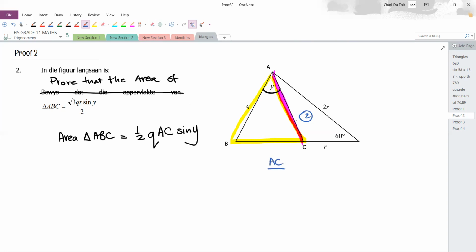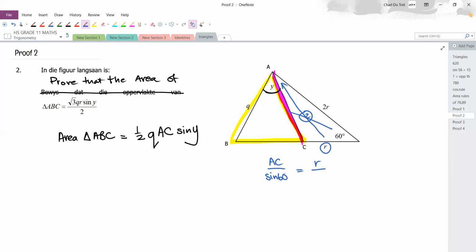So AC on top of sin 60 equals what? What other side? R. R has to be in the sum. So I'm going to use R over, and then I have to find that angle there on top. What is that angle? We're trying to find AC, right?